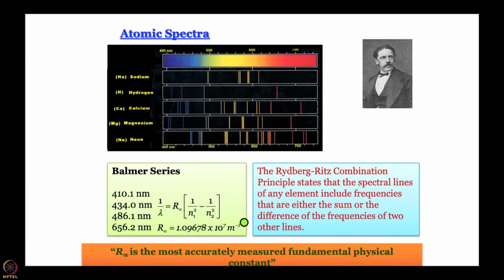The Balmer series was the one that was observed first, because as you see the values 410 nanometer, 434 nanometer, 486 nanometer, 656 nanometer, these are all in the visible region. So, they were observed by the eye, but then other lines were observed in other portions of the electromagnetic spectrum.